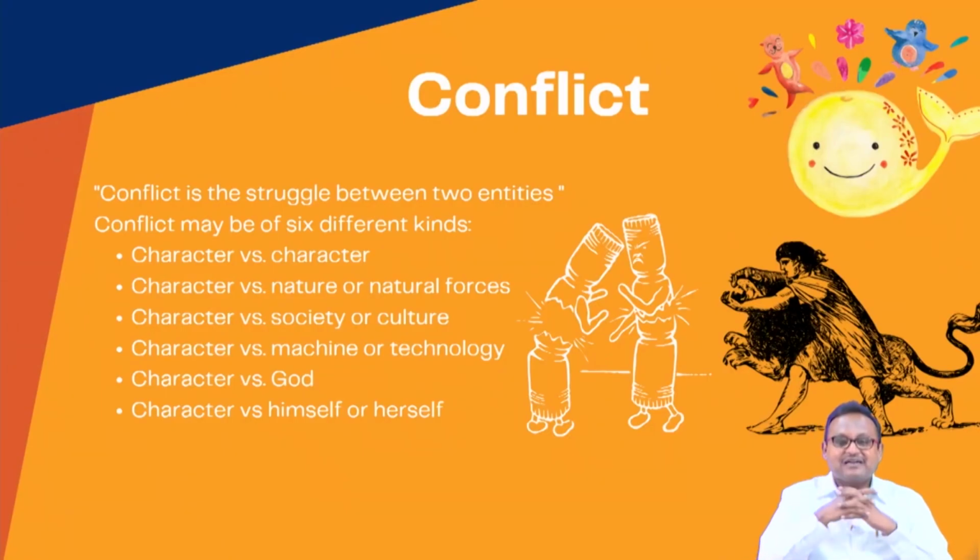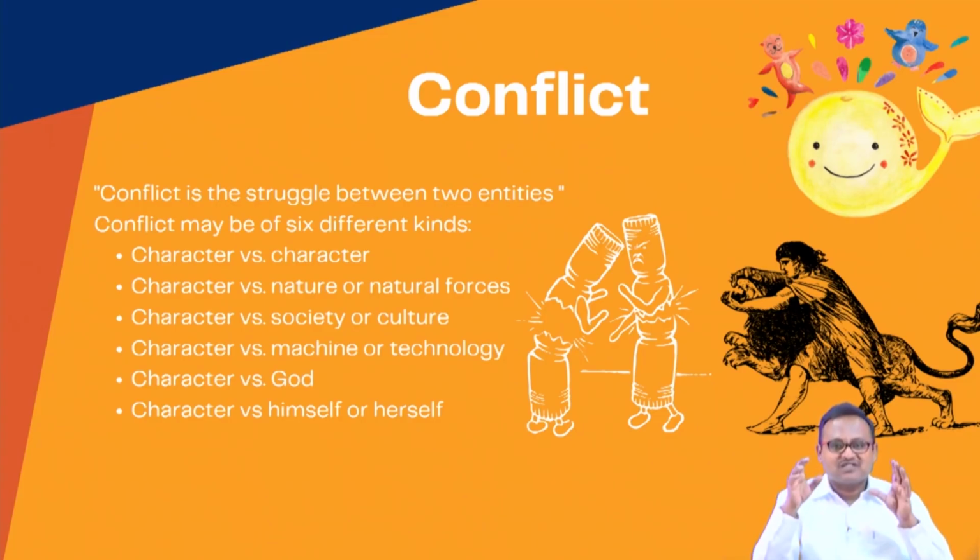The next thing in elements of fiction is conflict. This is again a very important element, because in the absence of conflict, a plot loses its relevance. Conflict can be defined as a struggle between either two individuals or between two entities.